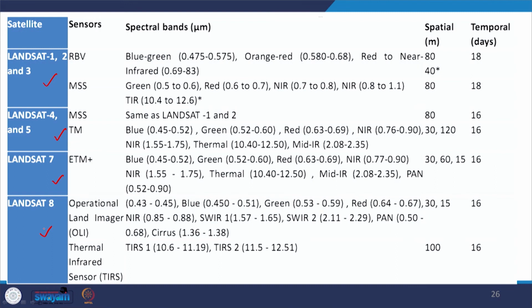So that is why these are categorized Landsat 1 to 3, 4 to 5 in one category, 7 in another, because the ETM plus was added, and Landsat 8 had the Operational Land Imager and the Thermal Infrared Sensor.